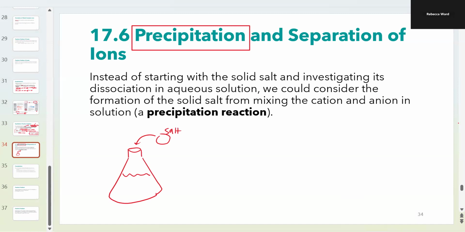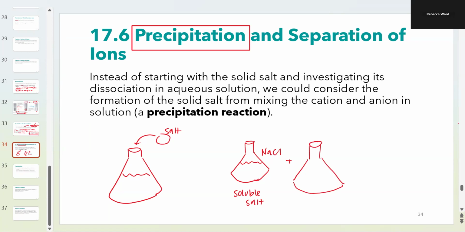But now we're going to take a solution, maybe of a soluble salt, maybe this is NaCl, and I'm going to add it to, oh man, hold on. I can't think and draw an Erlenmeyer at the same time. We're going to add it to a solution with another soluble salt.